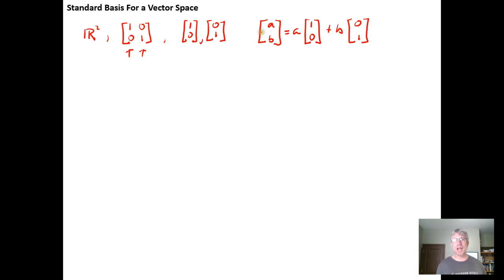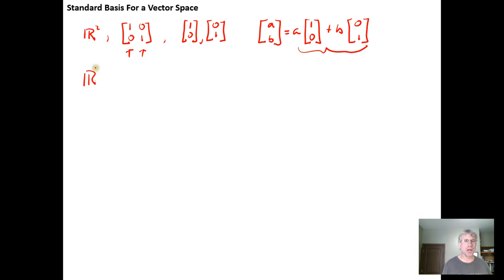So any vector (a, b) in R2 can be written as a linear combination, where you're adding scalar multiples of vectors, of the basis vectors for R2. And this idea extends into Rm, where m is any dimension space you want.